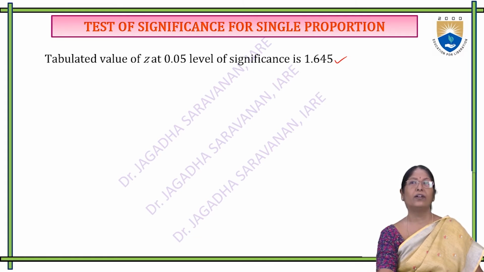Always we take tabulated values, meaning the values we obtained from the table of critical values of Z, that we name the tabulated value of Z. Always we should find the modulus. Then one more doubt: what is the need of that minus? For the right tail in the list we have seen it is positive, and for the left tail a minus sign is there. Since we take the modulus of the minus sign too, there is no difference at all.